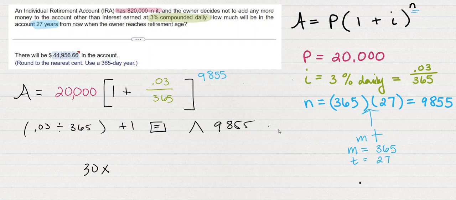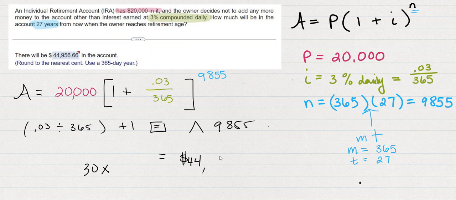So 0.03 divided by 365 equals, and then plus 1 equals, raised to the 9855 equals, and then I'm going to multiply that times 20,000, and I'm getting 44,000.